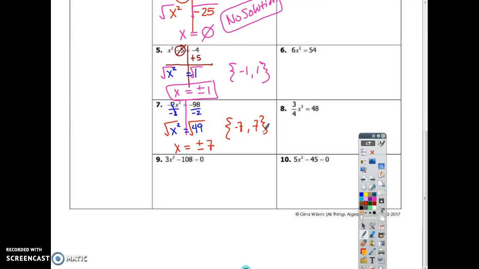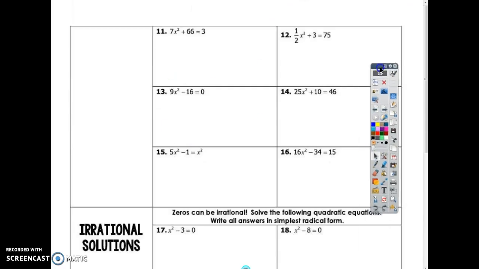Let's do number 15. Move the negative 1 over, becomes a positive 1. And we're going to move this one over here.